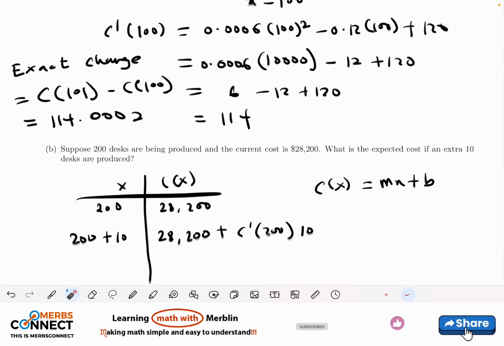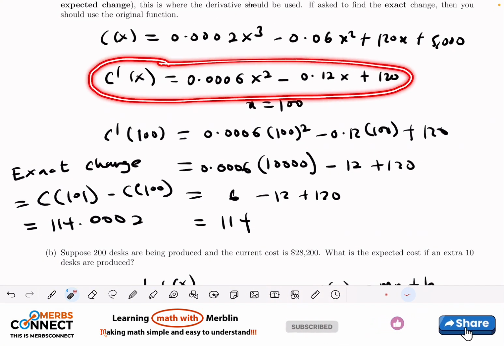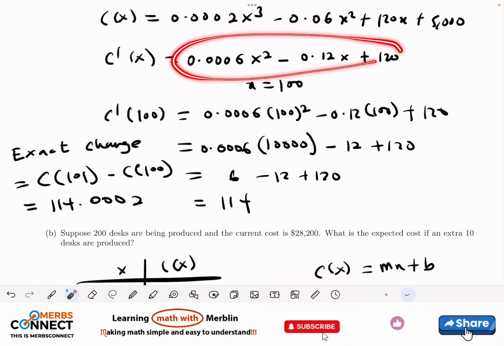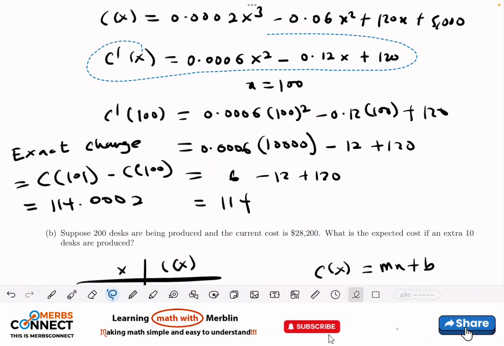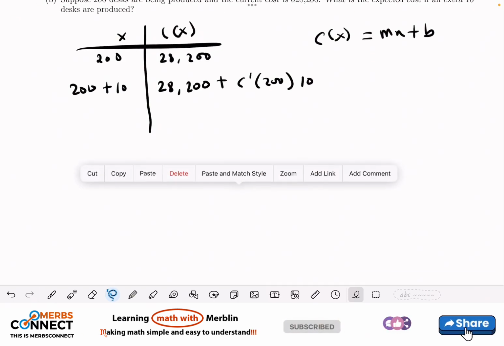We had our C prime to be equal to this. Now we are going to plug in when x is equal to 200 into this equation right here. So let me bring this equation down here, copy it, and paste it here.